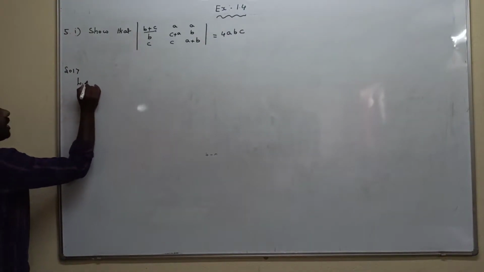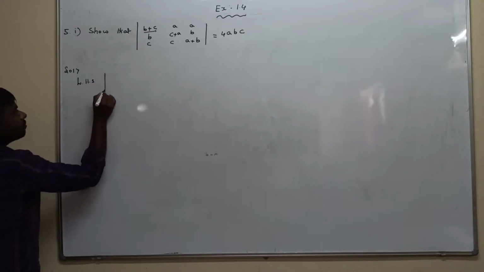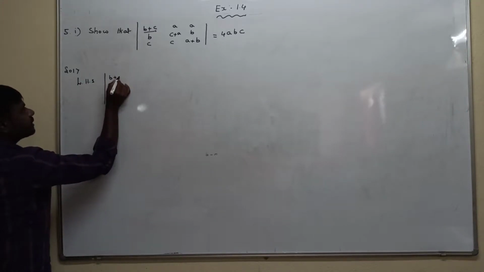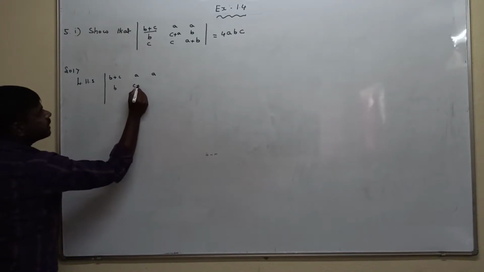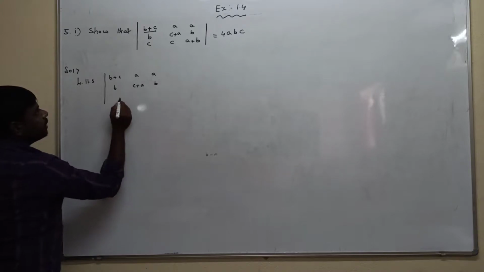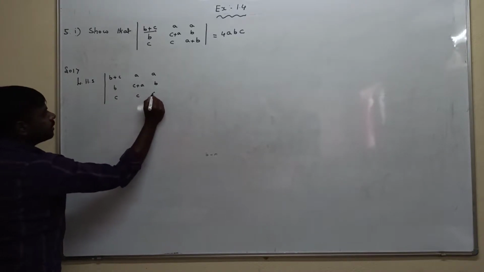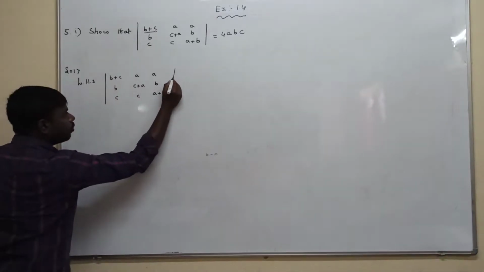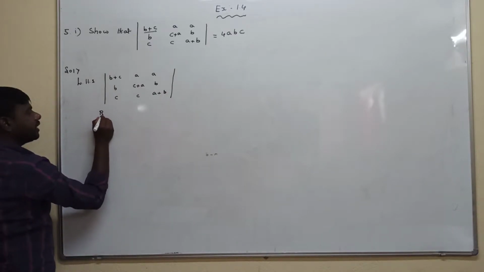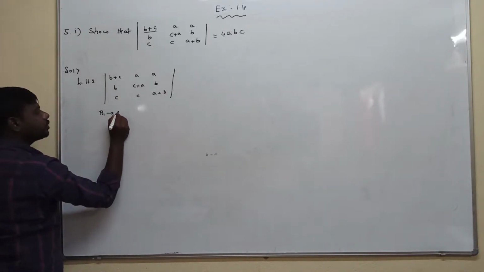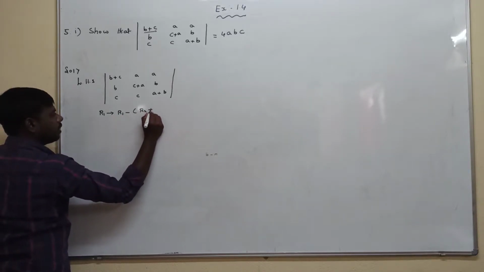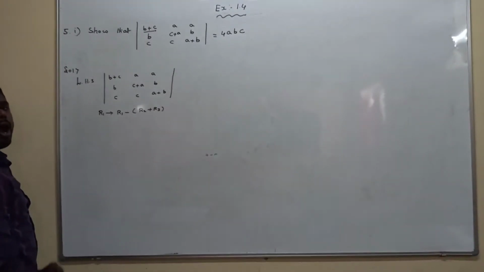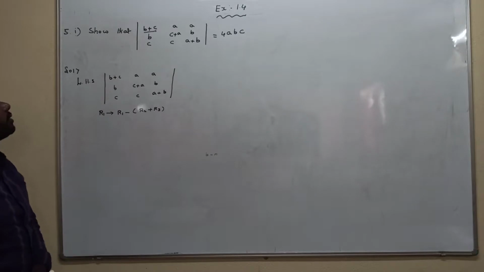Now we are taking the left hand side determinant, with entries B plus C, ABC plus AB, C, A plus B. Now we apply the operation R1 changes to R1 minus (R2 plus R3).